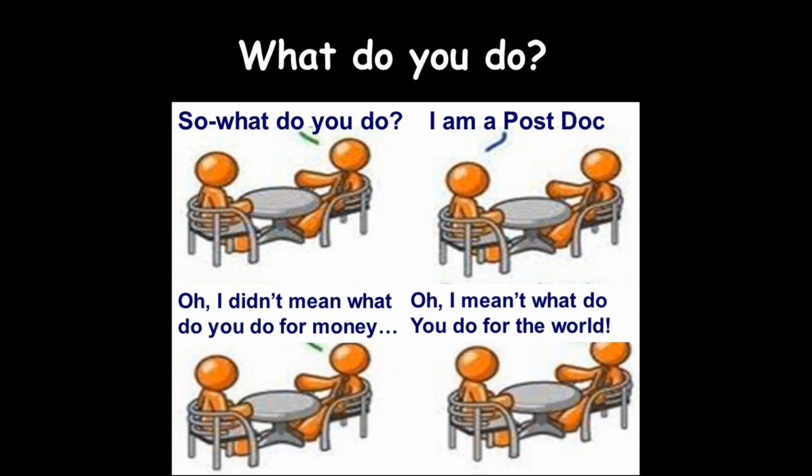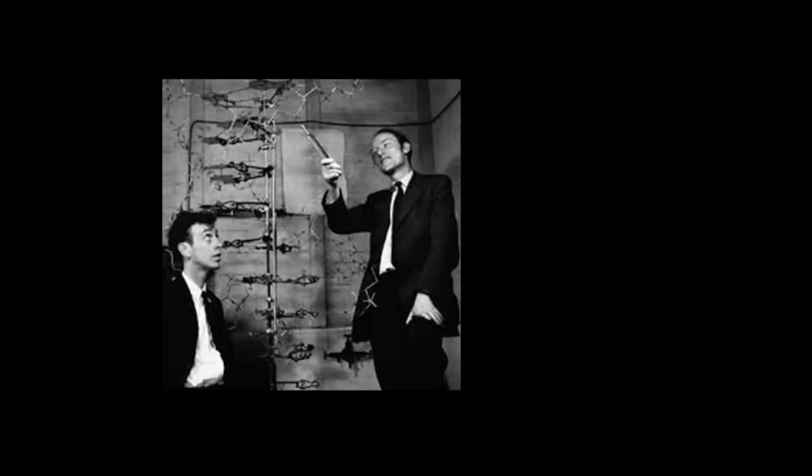It says, what do you do, and this is the important point. It doesn't mean what you do for money, it means what you do for the world, right? So you are not defined by your job title or job description, you're defined by what you do for the world. And if you think about it that way, then it helps you put across your idea.